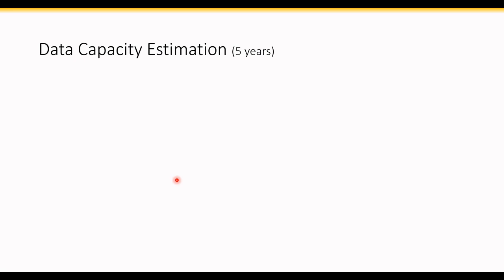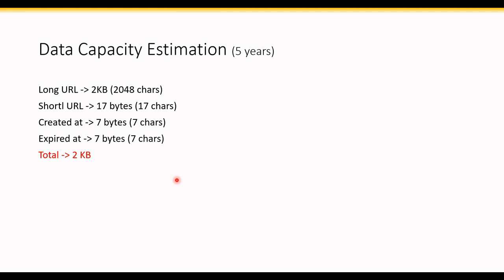First we need to calculate the data capacity for, let's say, 5 years. The long URL may contain up to 2048 characters, so approximately 2 KB. Short URL, 17 characters, so 17 bytes, and then what time the short URL was created and what time it is expected to expire.